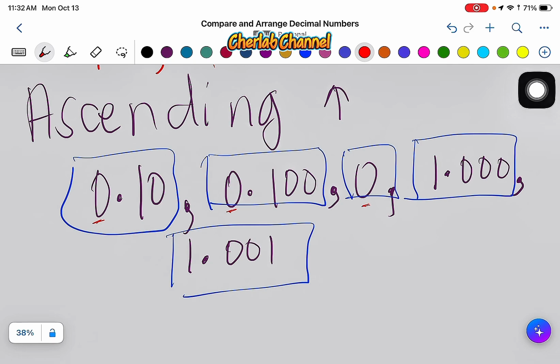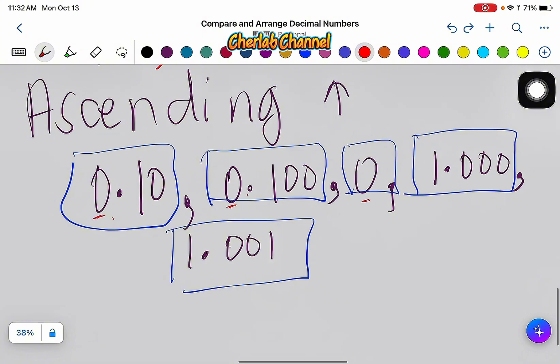Ito rin, 1. So, dito lang tayo sa tatlo. Next, sa katabing number, decimal point. Yan, lahat sila. But this one, walang katabing decimal point. So, meaning, solo lang siya. So, that means, 0 is 0. Wala siyang value. I mean, 0 lang siya. So, this probably would be the first number. This is the lowest number.